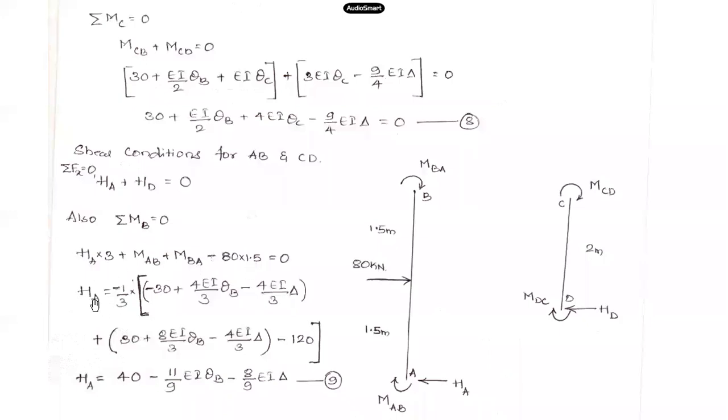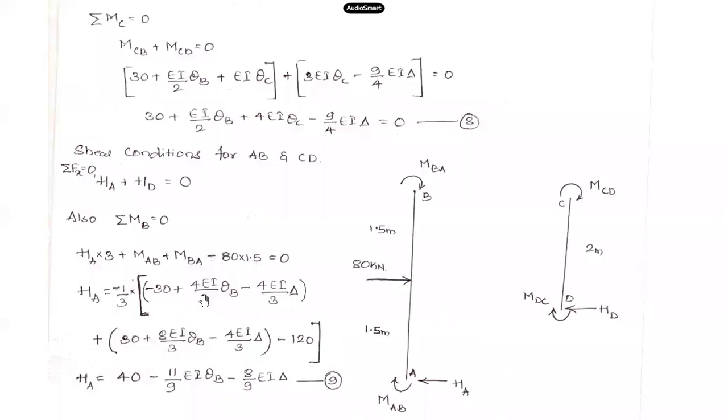From this, I'll come to know what my HA is. If I substitute for MAB and MBA, I'll get an equation for HA in terms of theta B and delta. I've substituted MAB and MBA from the slope deflection equation.